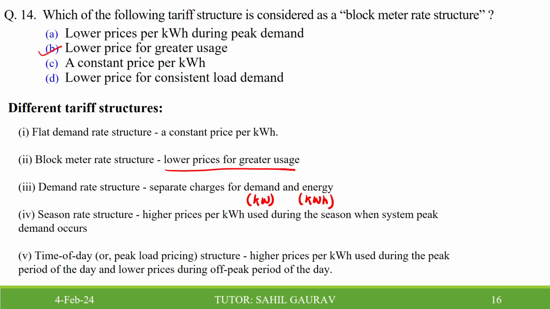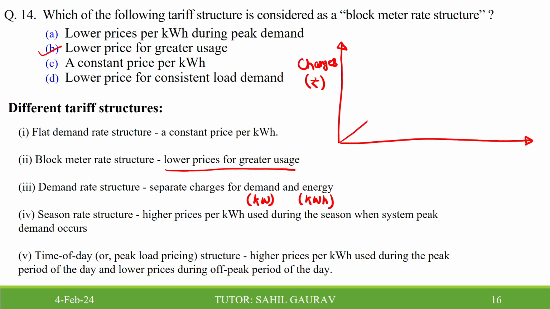If you want to make the diagram for block meter rate structure, then you can make it like this. On the y-axis you can take charges in rupees, and on the x-axis you can take units consumption.